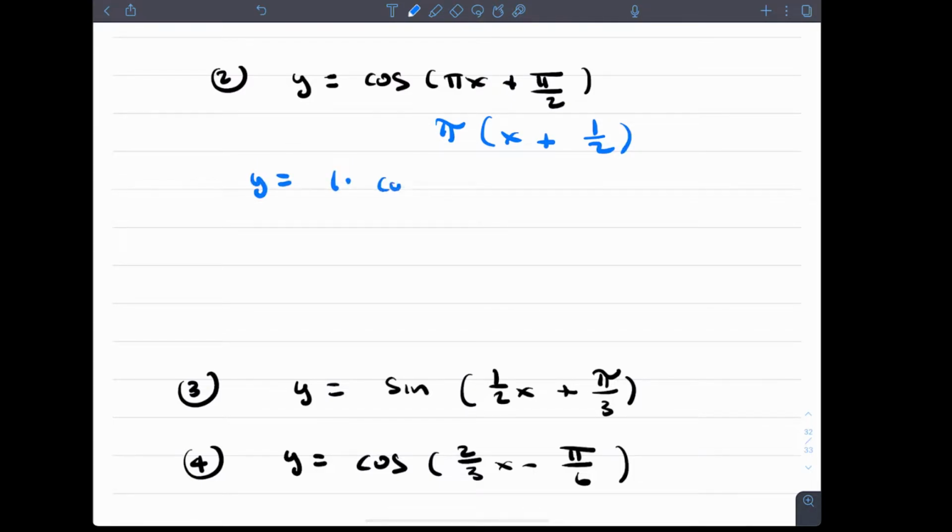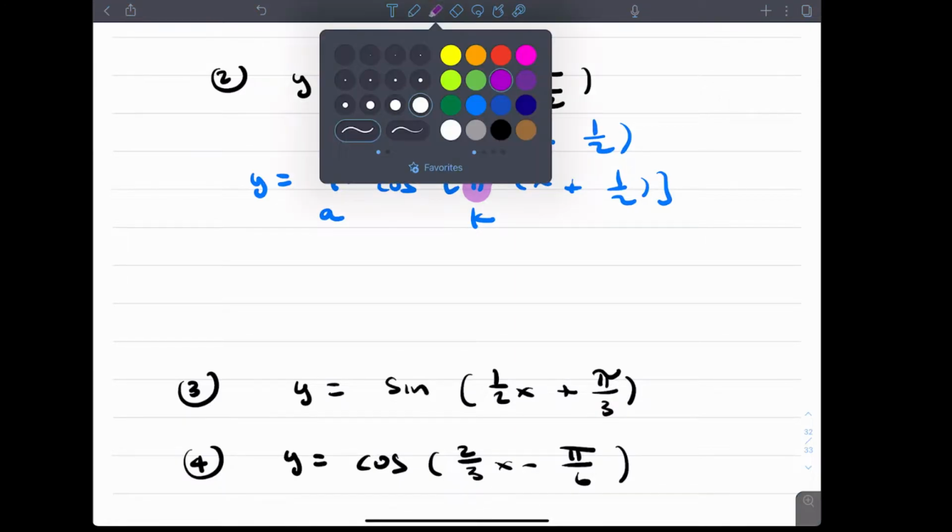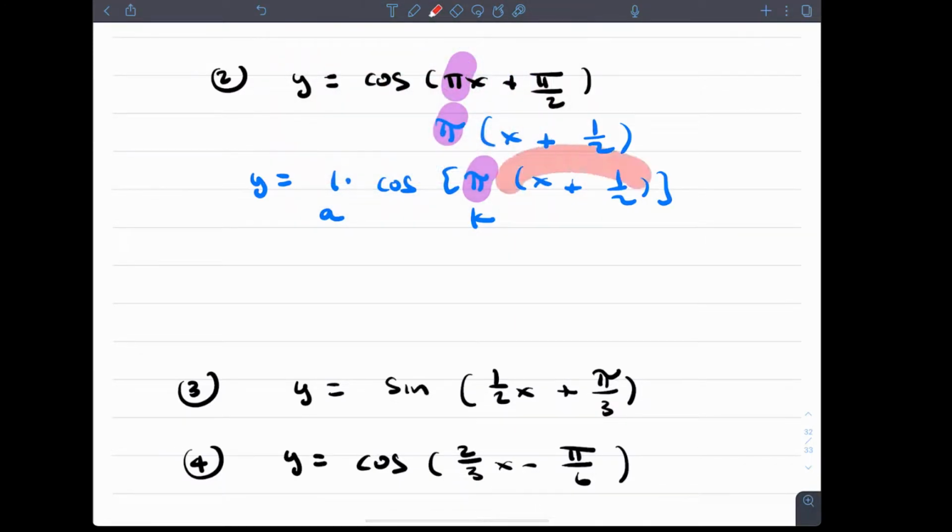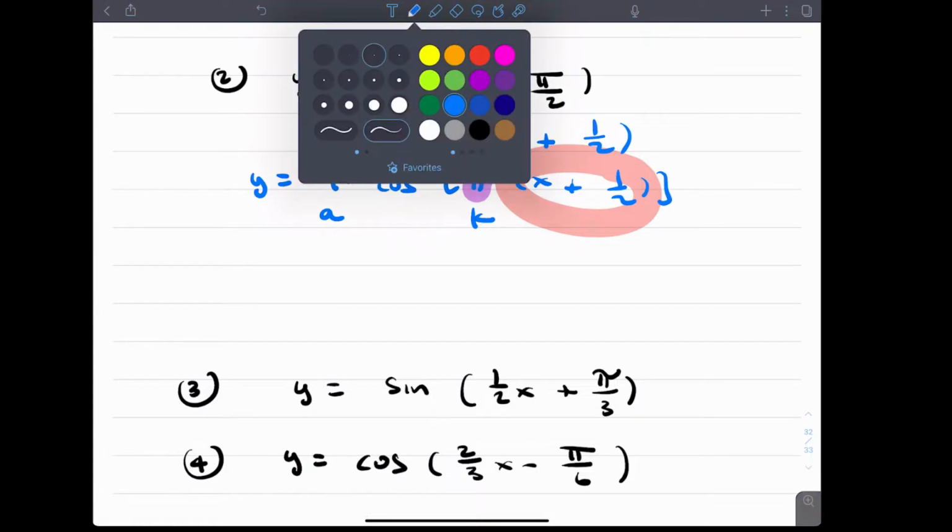So I have 1 cosine pi x plus 1/2. Okay, because we factored out that leading what? I even kept it the same color just so you guys can see it. That's my k value. This is my a value. And then I want to put a warning over here. This is x what?